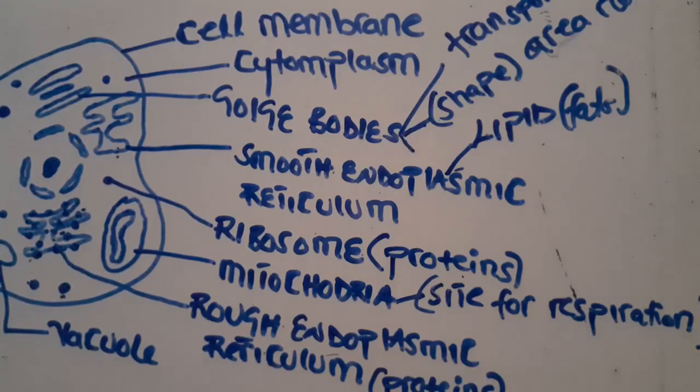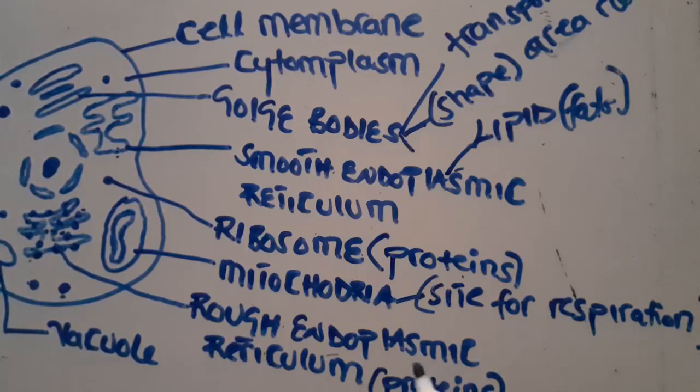The cell needs energy for a lot of these parts that we have mentioned, the vesicles, the Golgi bodies, changing the shape. They require energy. Even the cell itself, as an animal cell, needs energy to function well.